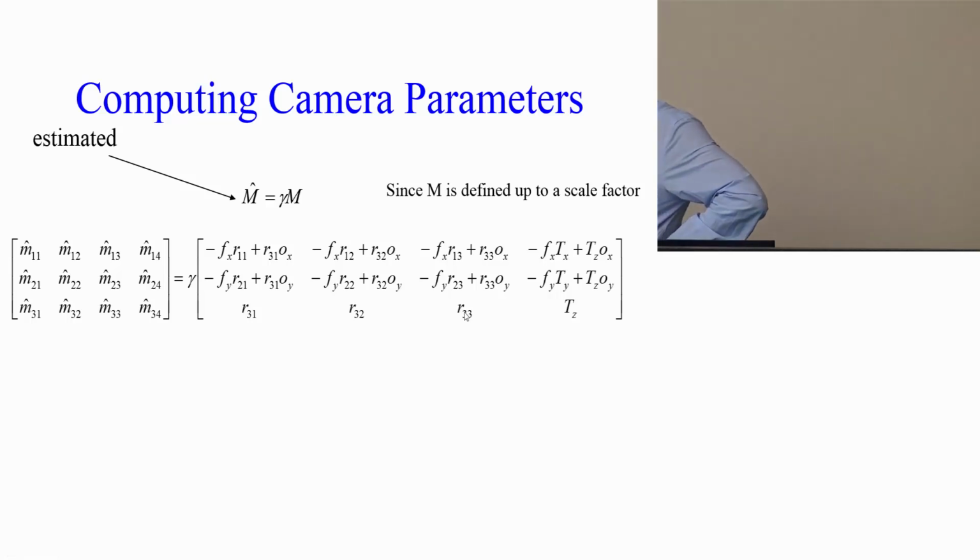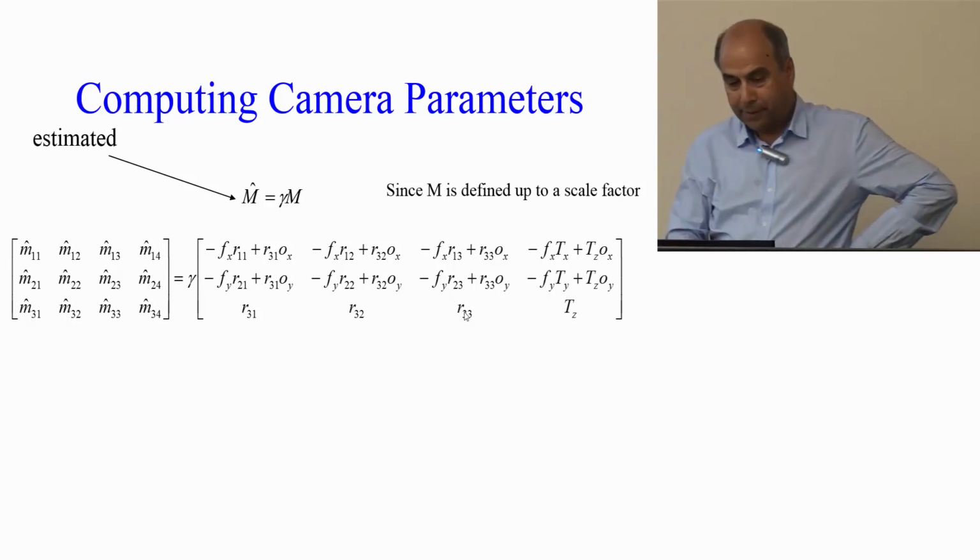It's the third row of the rotation matrix. The rotation matrix is 3 by 3: R11 to R13, R21 to R23, R31 to R33. So what did you learn from the rotation matrix? That if I take a row and multiply it with itself, then it should be 1. If I take a row and multiply it with another row, it should be 0.